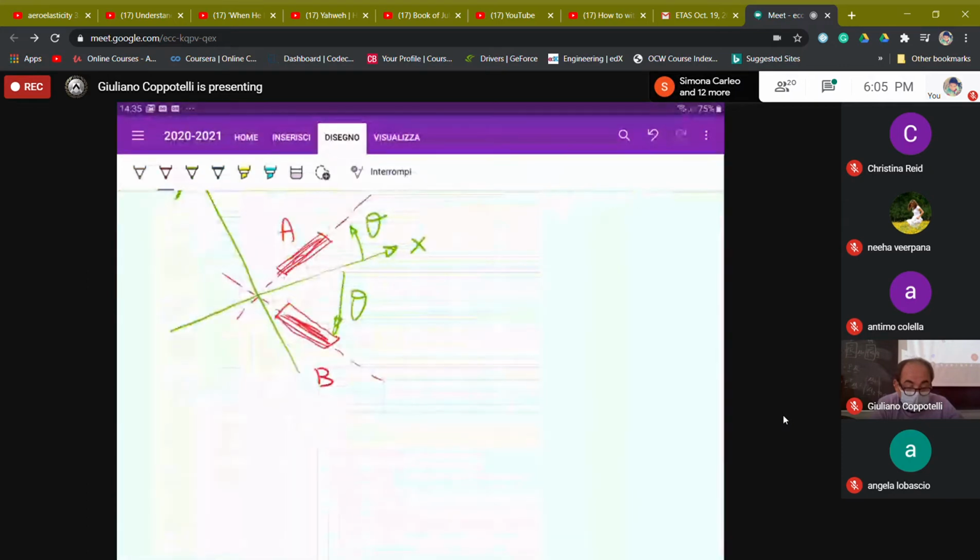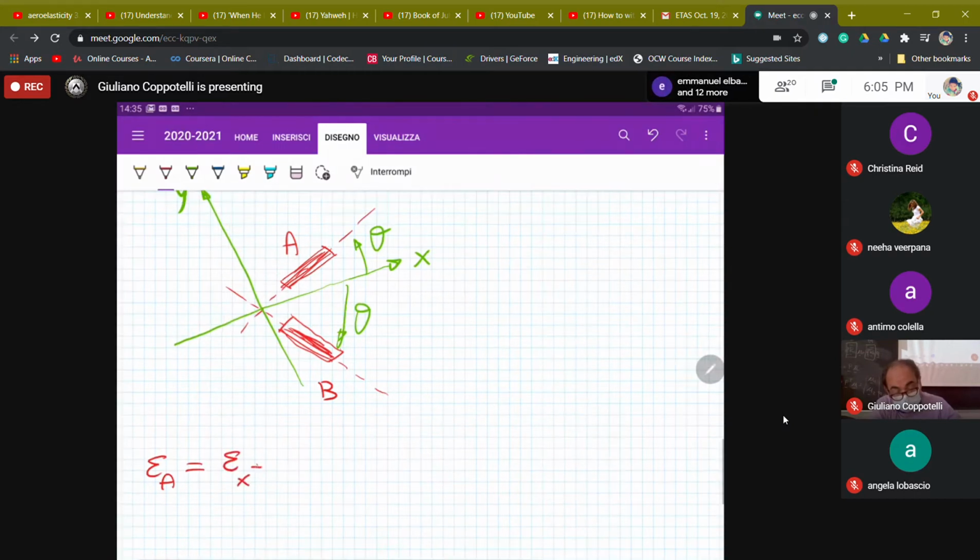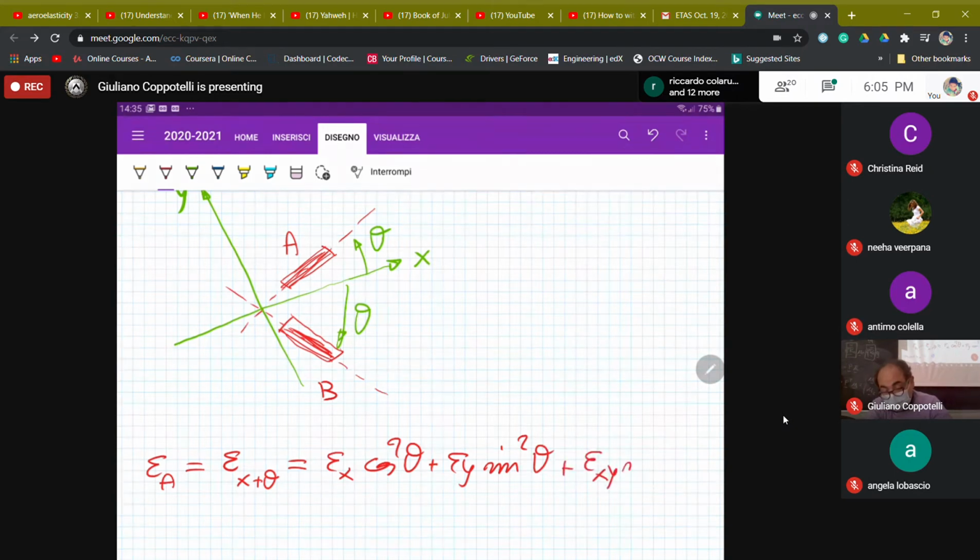For example, epsilon A, the strain with respect to the x-axis plus the angle theta, is equal to epsilon x cosine square theta plus epsilon y sine square theta, plus the shear epsilon xy sine theta cosine theta.